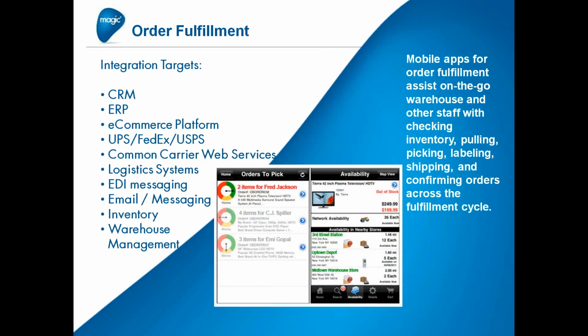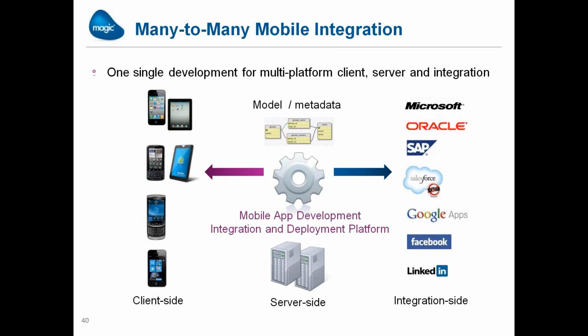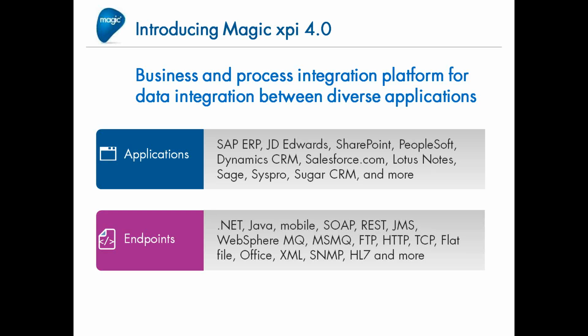So these are just a couple of the business processes that you might also want to look at in addition to what we'll be talking about in the demonstration today. Ultimately, what you get is the capabilities for many-to-many mobile integration with Magic's technology, so XPI becomes a key component of that.